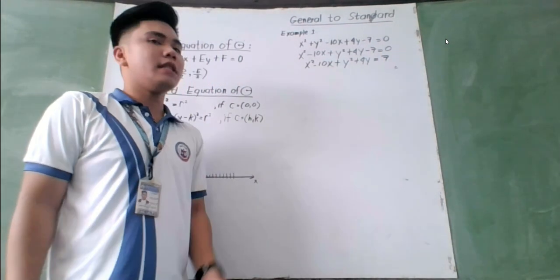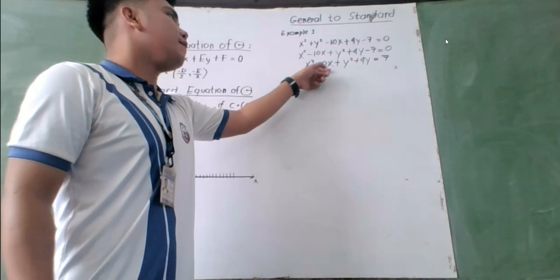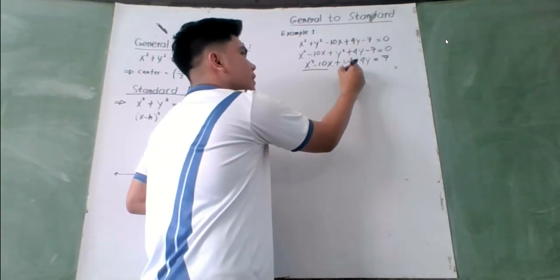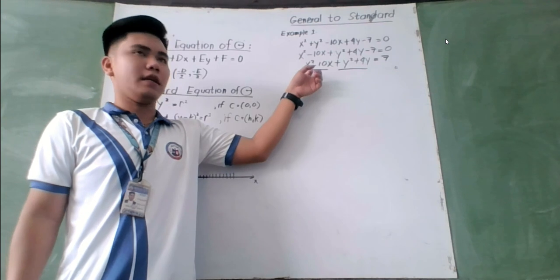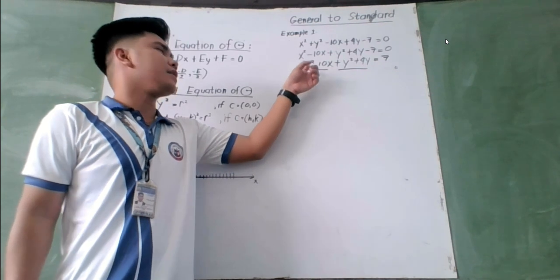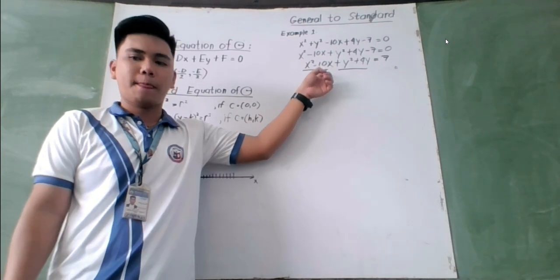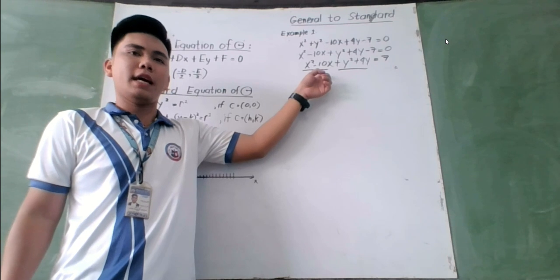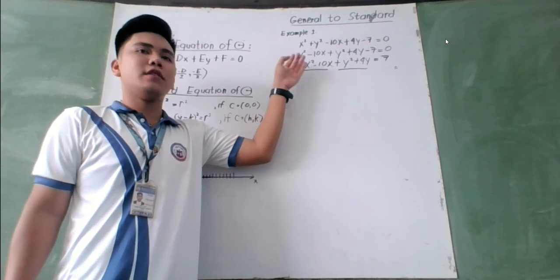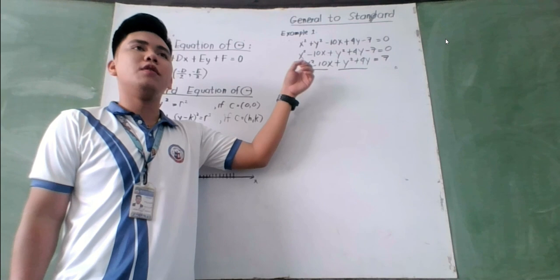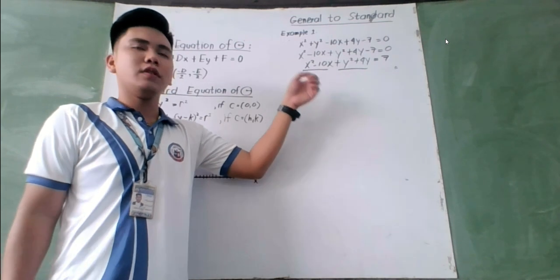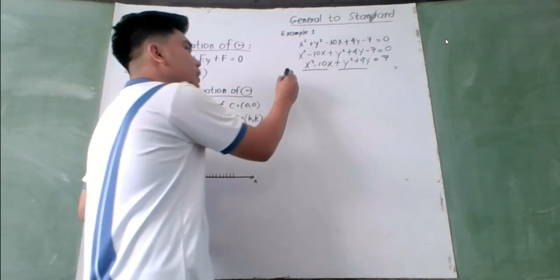Next step. You are familiar with this and this. This is a perfect square equation. You have x squared minus 10x. Let us transform this into a perfect square trinomial. How do we find the perfect square trinomial?